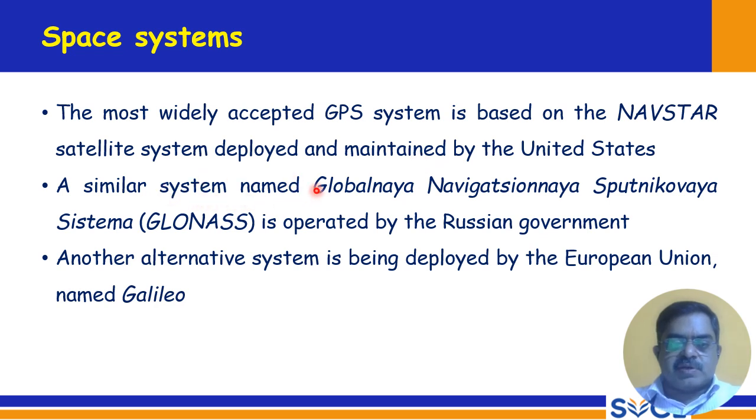A similar system named Globalnaya Navigatsionnaya Sputnikovaya Sistema is known as GLONASS. It is a Russian name, operated by the Russian government. Another alternative system is being deployed by the European Union, named Galileo. These are the space systems responsible for measuring the coordinates of a person or any object on the earth.